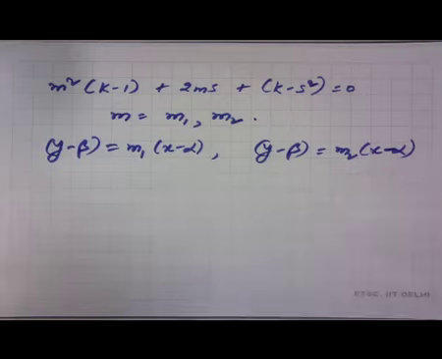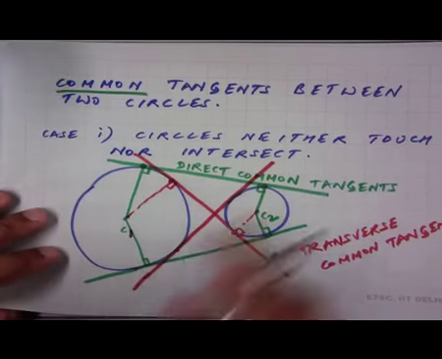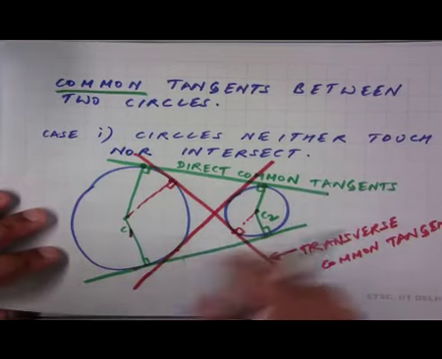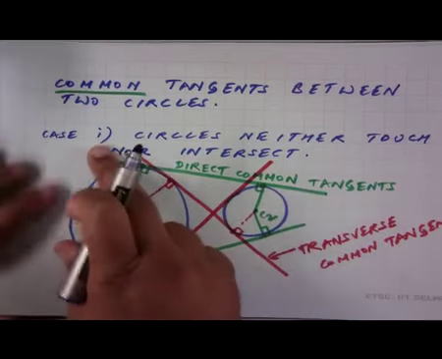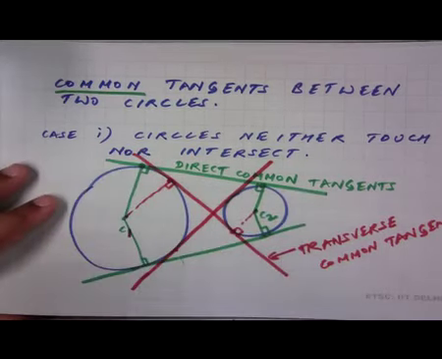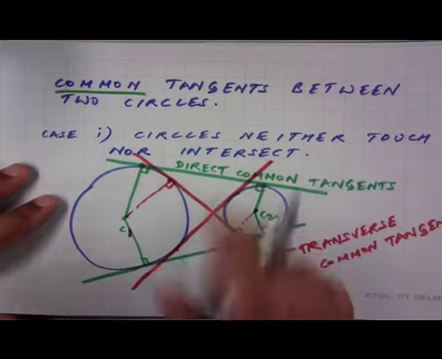In fact, if we recollect our initial discussion, in the figure we had shown that there will be two direct common tangents for the first case, and the slopes of these two are m1 and m2.